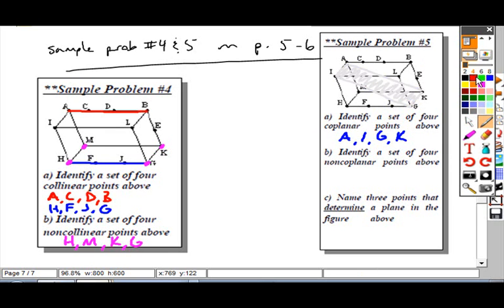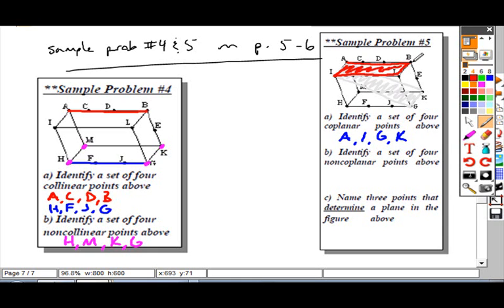Yeah, Matt, question. Well, actually, I had a question about question A. So you wouldn't be able to do ACDB? Yes. That's not a no, plane. So the question is, are A, C, D, and B considered a set of 4 coplanar points? Yes, they are, as long as they're contained in one plane. So A, C, D, and B, you could think of that as being contained in this upper plane, right?